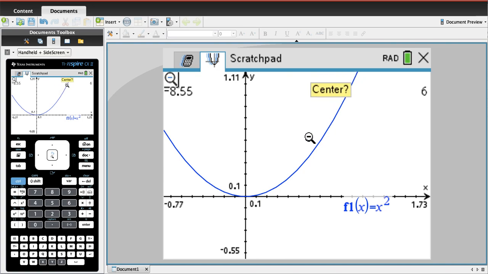In your exploration, you put two points down, and you started with (1, 1) and (2, 4). And then you brought that second point in so that it was closer to (1, 1), and you did 1.1 comma something. So it was a little bit closer, and you kept bringing that point in closer and closer and closer. Really what we want to do is find the slope when those two points are almost on top of each other.